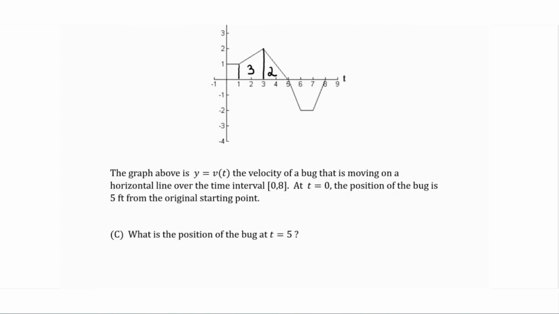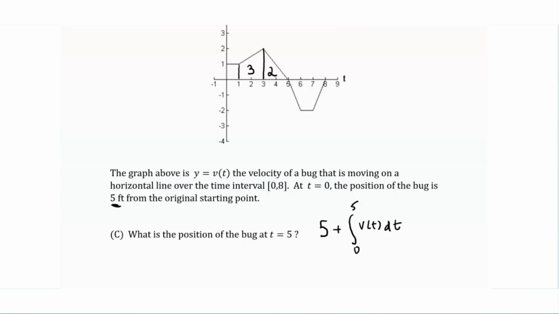Part C, what is the position of the bug at t equals 5? We're going to do displacement now at t equals 5, but we have to remember that the bug's original position was 5 feet from the original starting point. So we start out with an initial value of 5, and then add the integral from 0 to 5 of v of t dt.